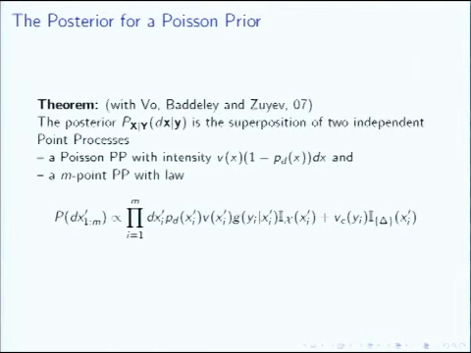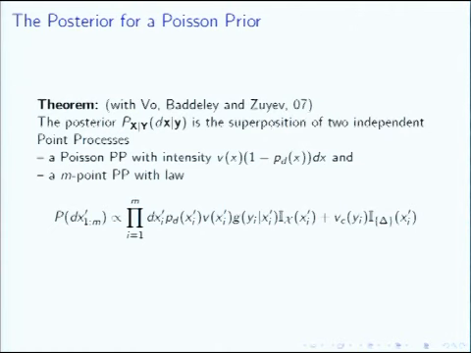And so I'm just going to summarize this in this result, which essentially says the posterior of X given the observations is a superposition of two independent point processes, one of which we just characterized, and the other I didn't characterize for you. To get this bit, you break your point process X into two parts.